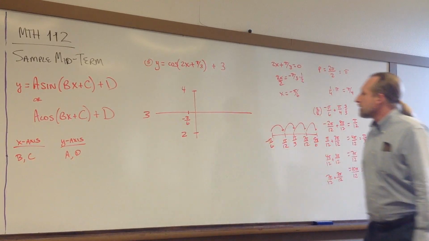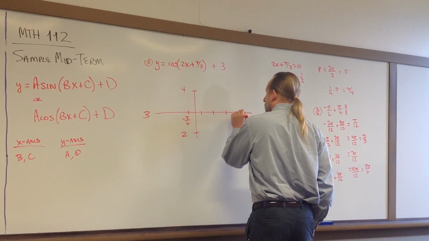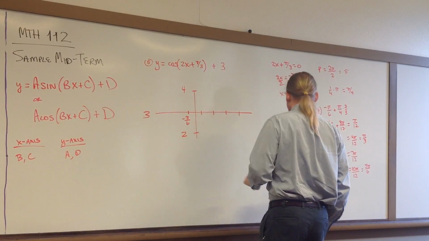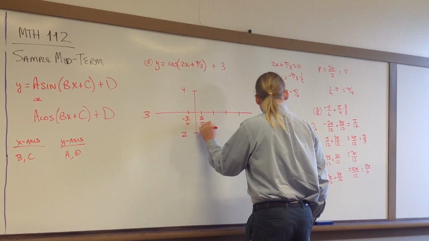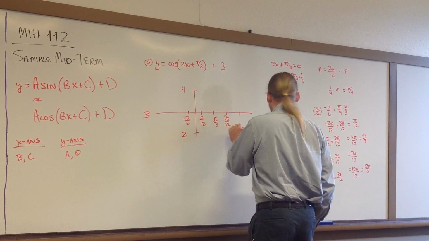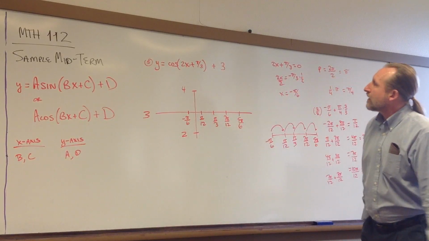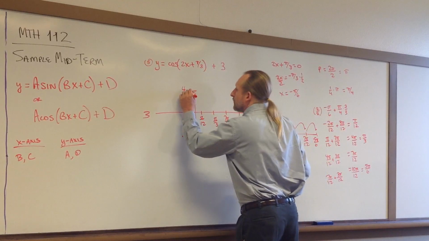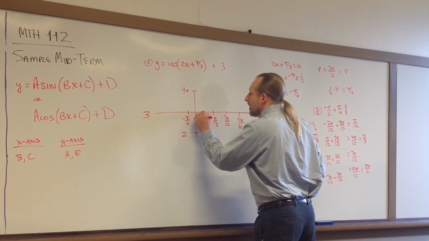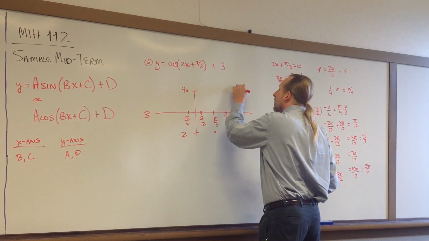Okay. So let's go ahead and put those in here. There we go. Pi over 12, pi over 3, 7 pi over 12, 5 pi over 6. Positive cosine graph, so we'll start up at the maximum, pass through 0, minimum, 0, maximum.